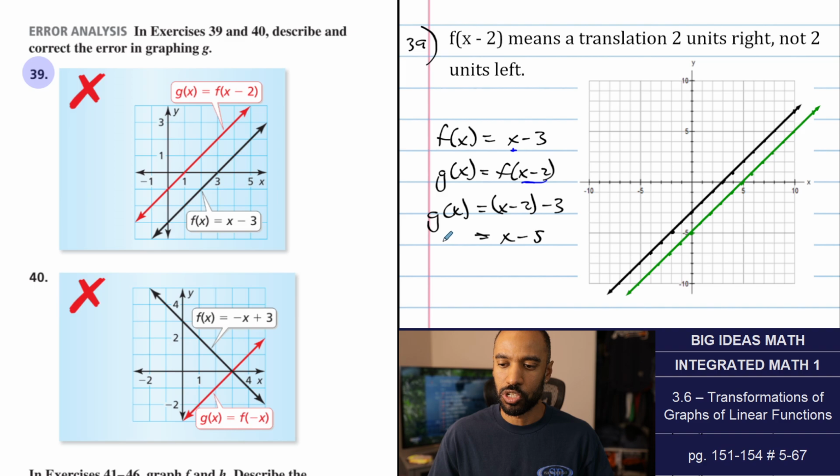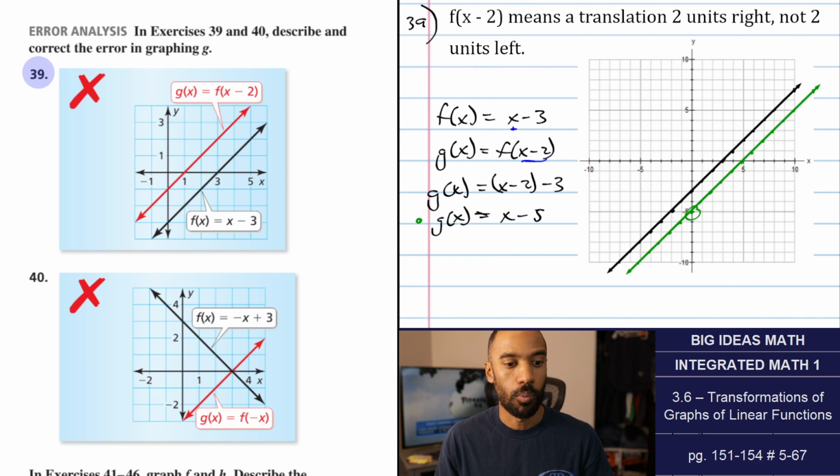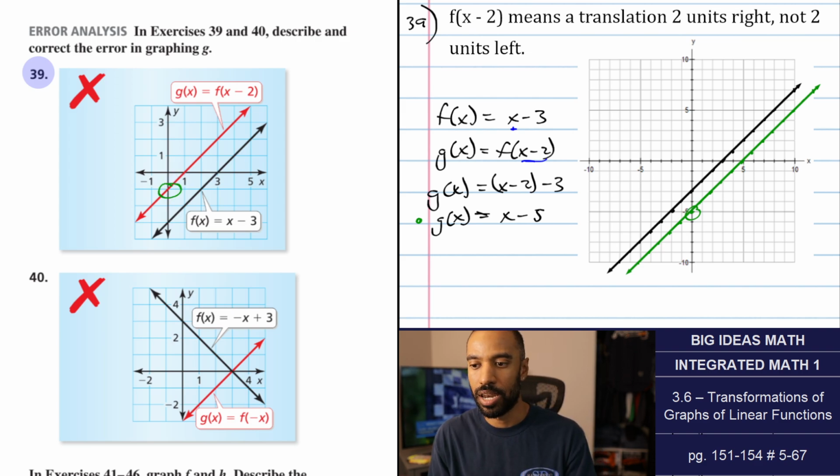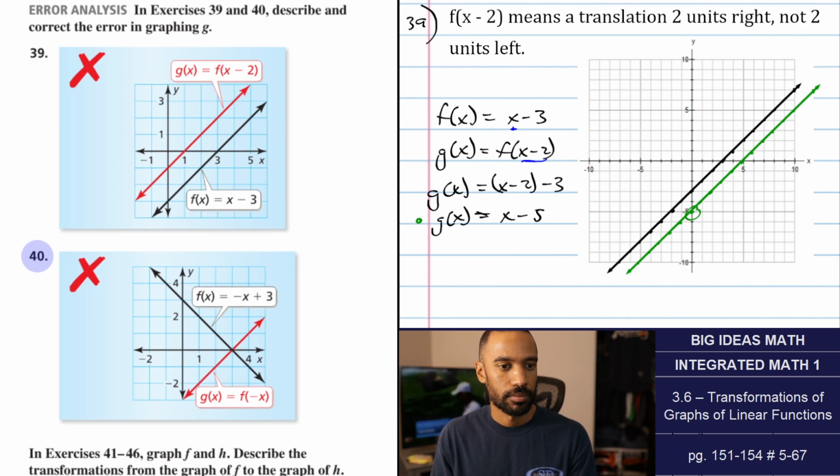So x minus 5 is the g of x equation. Does it have a y-intercept of negative 5? Yes. And a slope of 1? Yes. So therefore, we have the correct graph now. Before, we didn't have a y-intercept of negative 1, because negative 2 minus 3 is not negative 1. So there's our fix.